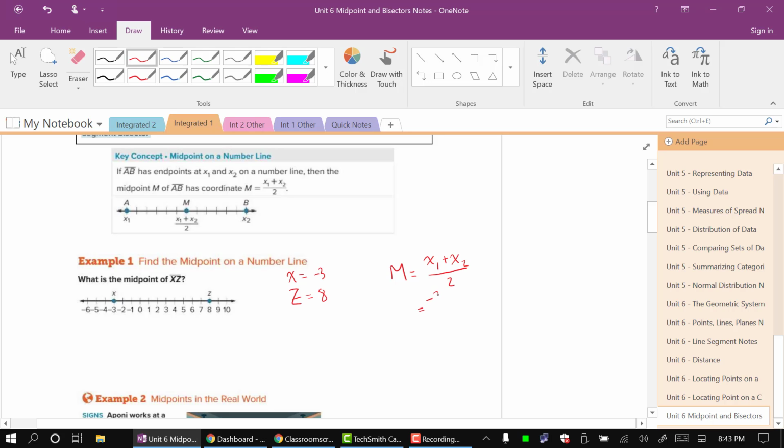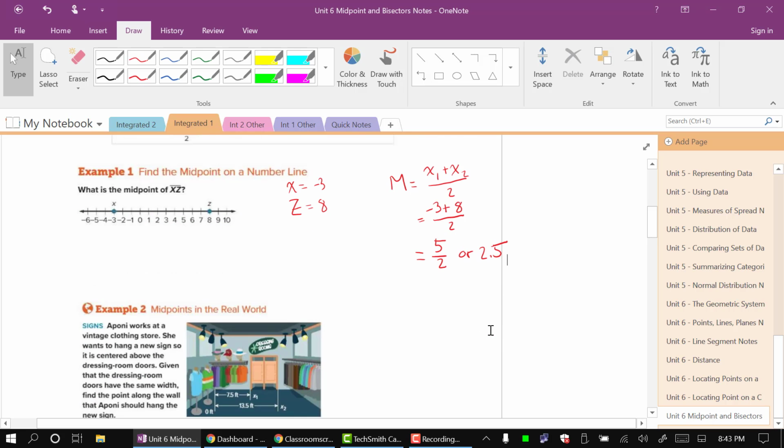So x1 is -3, x2 is 8, divided by 2. So that's going to give us 5 over 2, or 2.5. So the midpoint of XZ is at 2.5.